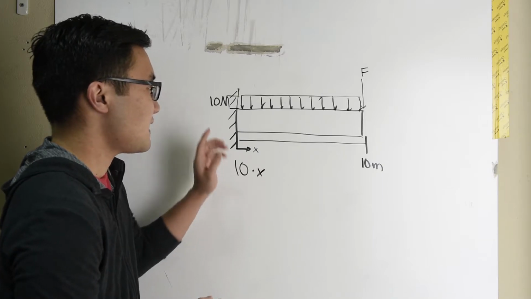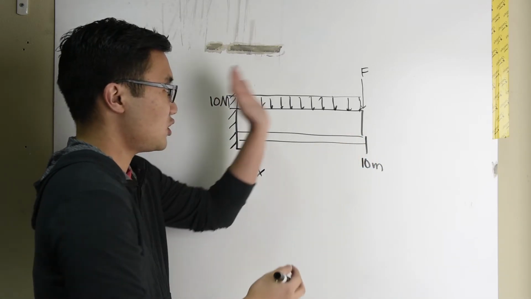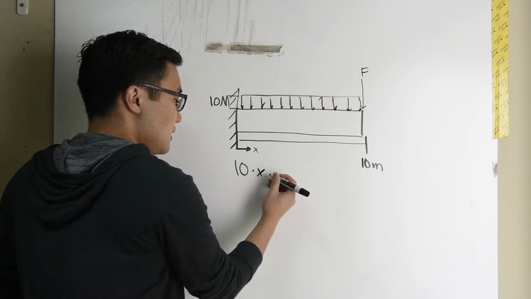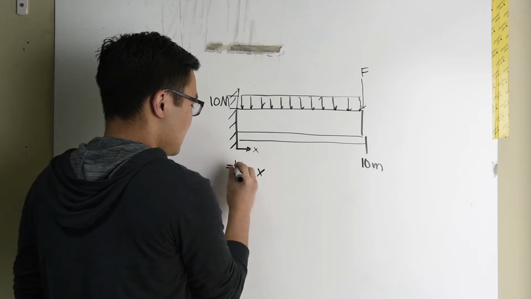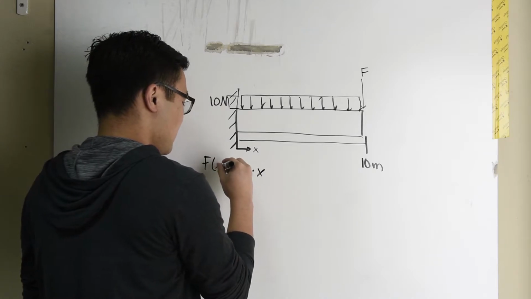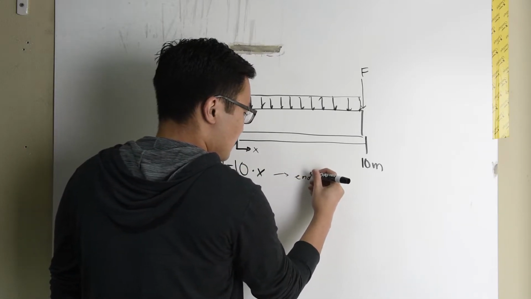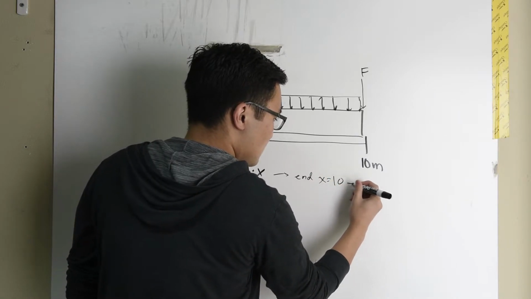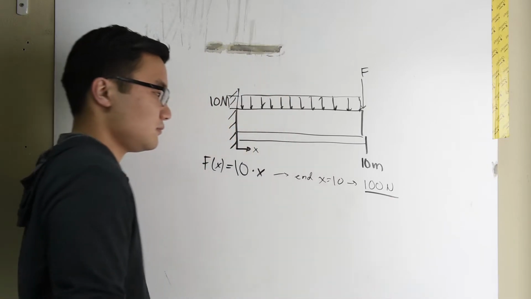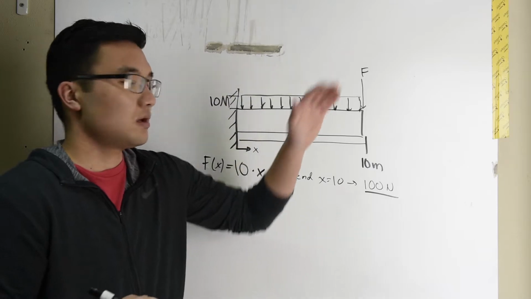So 10 times x, and when x is equal to 10, then I have my total load across the entire beam. So 10 times x is going to equal my load. Let's just call that F as a function of x. And at the very end, when x equals 10, my load is 100 newtons. All right? So that is the total sum of the distributed load on my body.